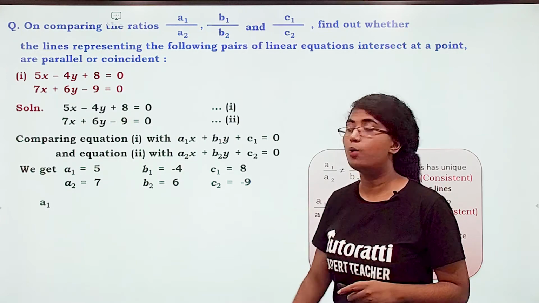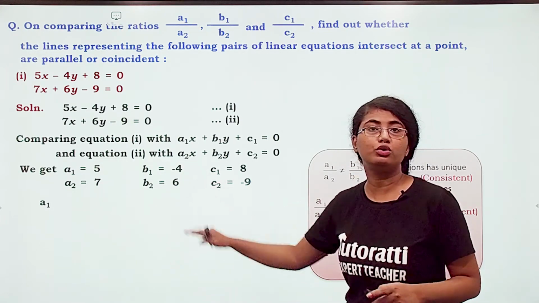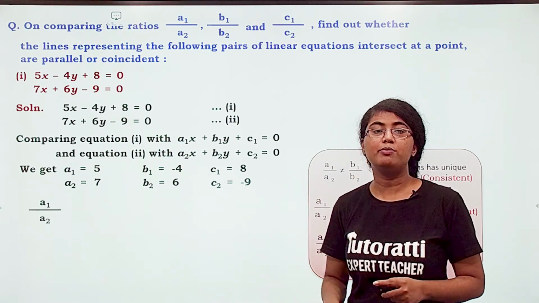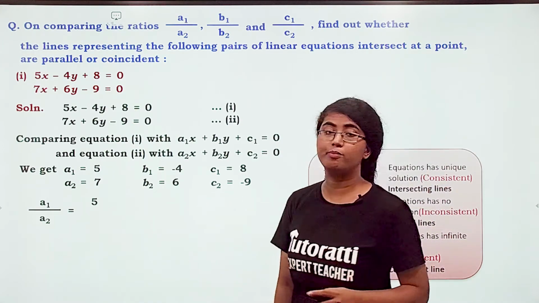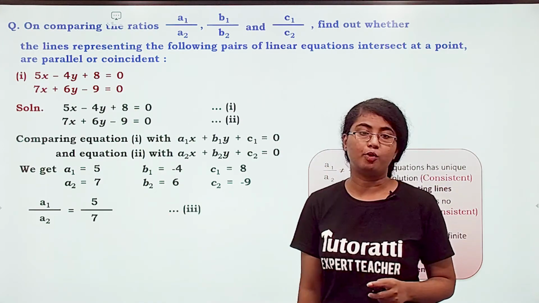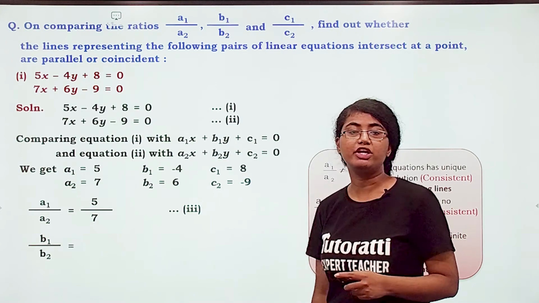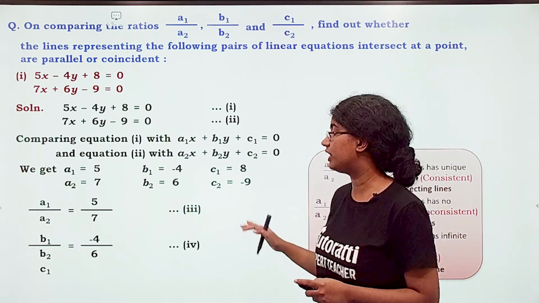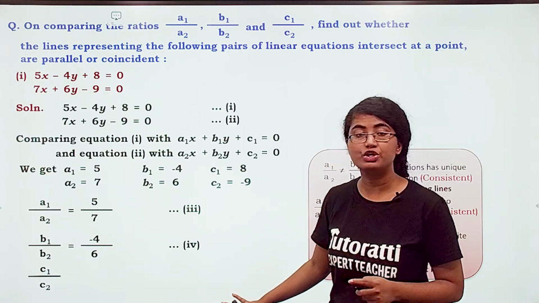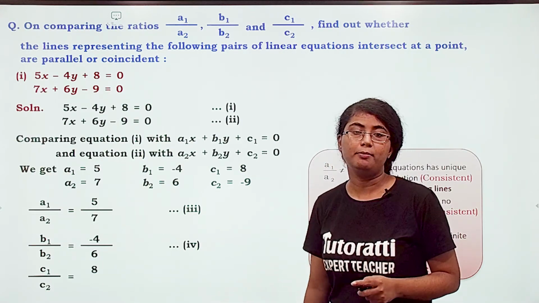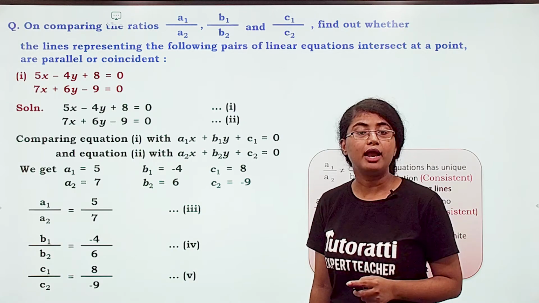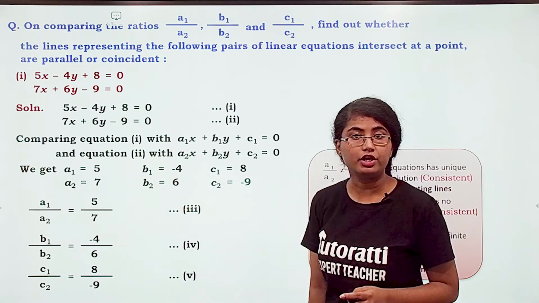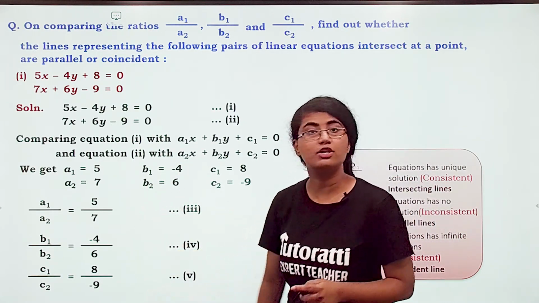Once you obtain that, quickly move on to obtaining the ratios. So a1 upon a2, it is pretty evident, is 5 upon 7. b1 upon b2 is minus 4 upon 6, which can be further divided, but let us leave it at that. And c1 upon c2 is 8 upon minus 9. Now, carefully look at the ratios. Are any ratios in proportion?